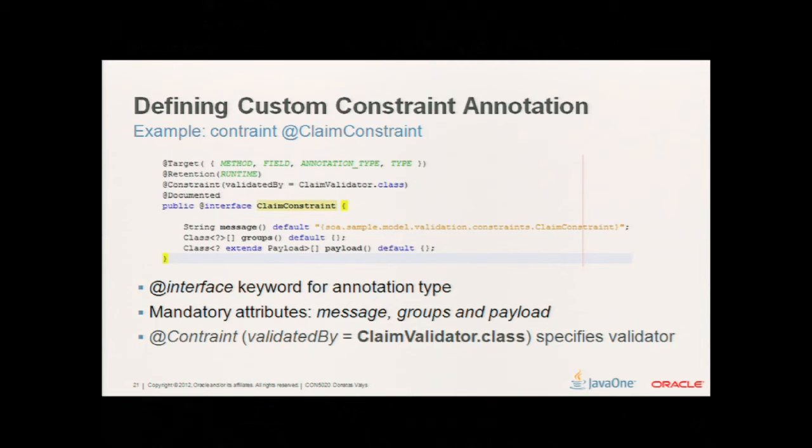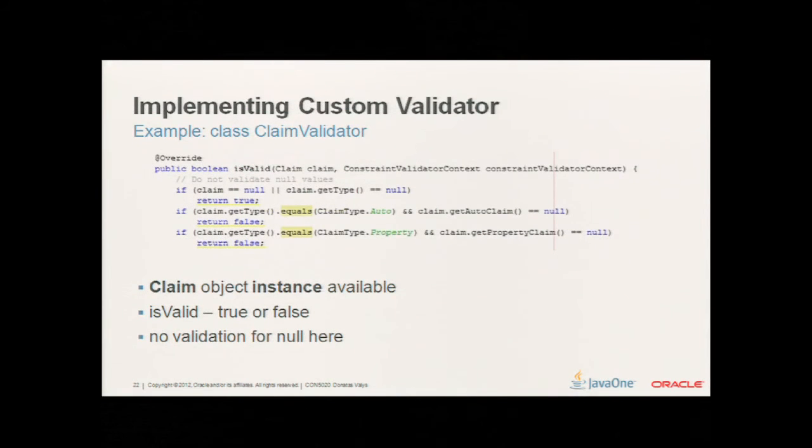The annotation, the constraint, is just metadata to specify what we would like to validate, and the implementation is provided in a claim validator class in this case.